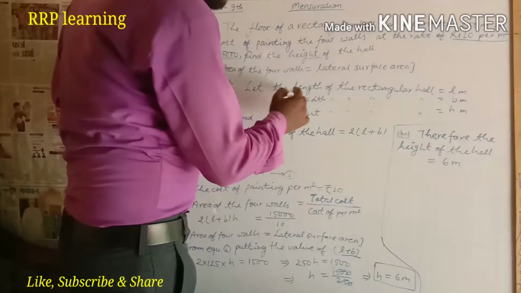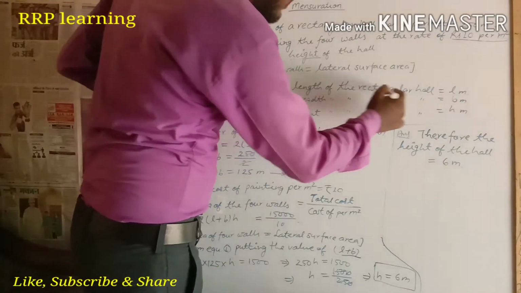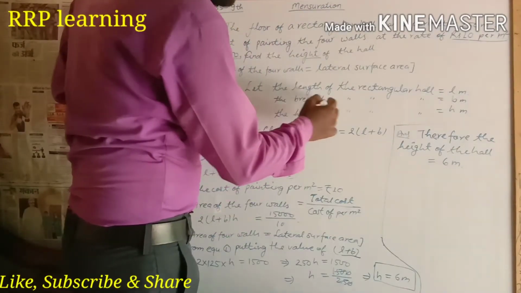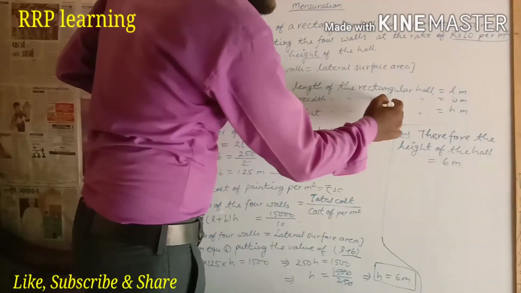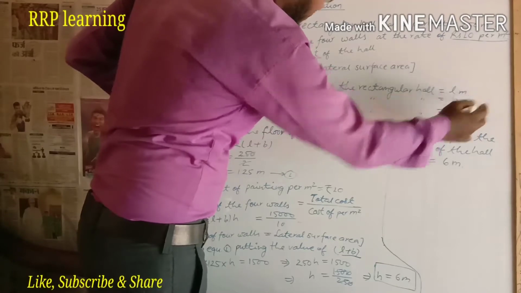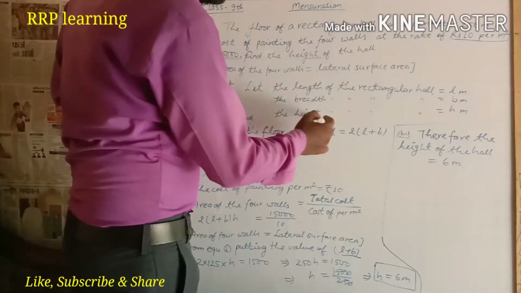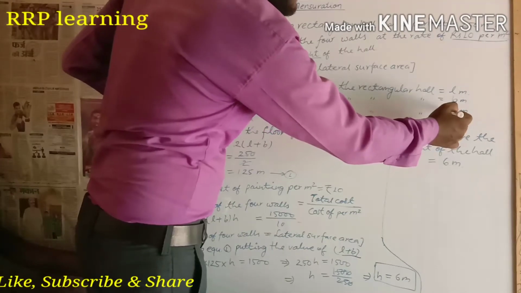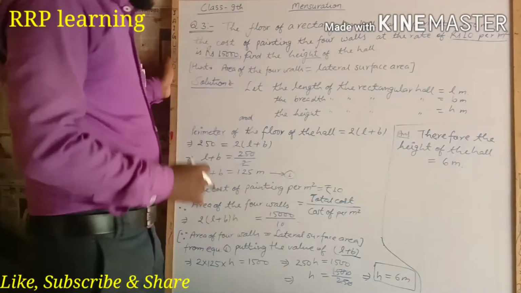Let the length of the rectangular hall equal L meter, the breadth of the rectangular hall equal B meter, and the height of the rectangular hall equal H meter.